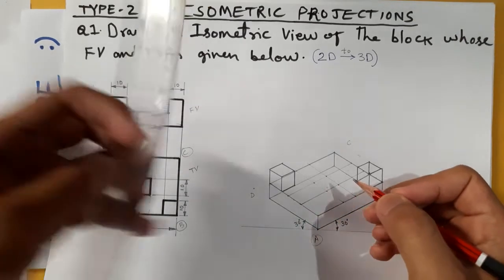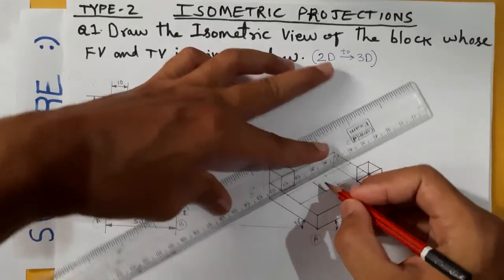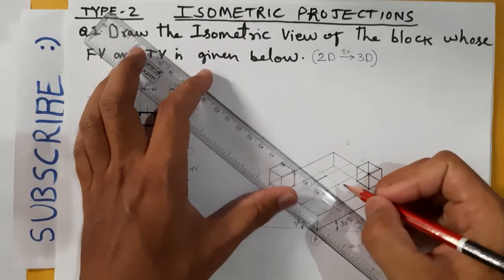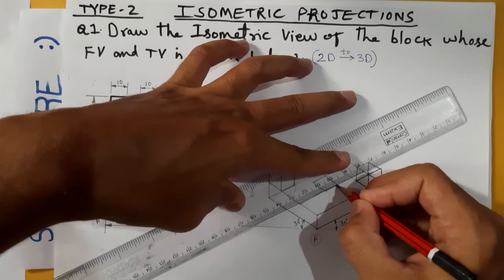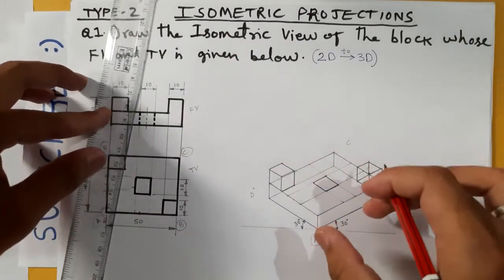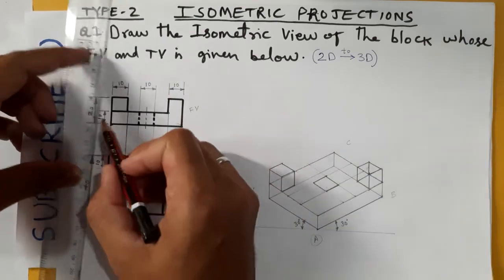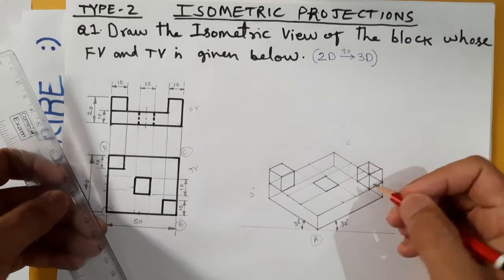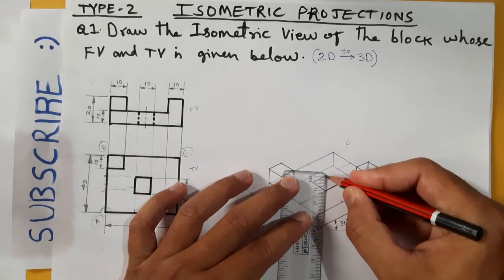Now how to draw the hole? First draw this upper lines. Like this. Now 3D effect we need to give, that is we need to go in depth. Total thickness how much of this block? 10. So hole depth will be obviously 10 millimeter maximum. So from this point you go 10 millimeter down.